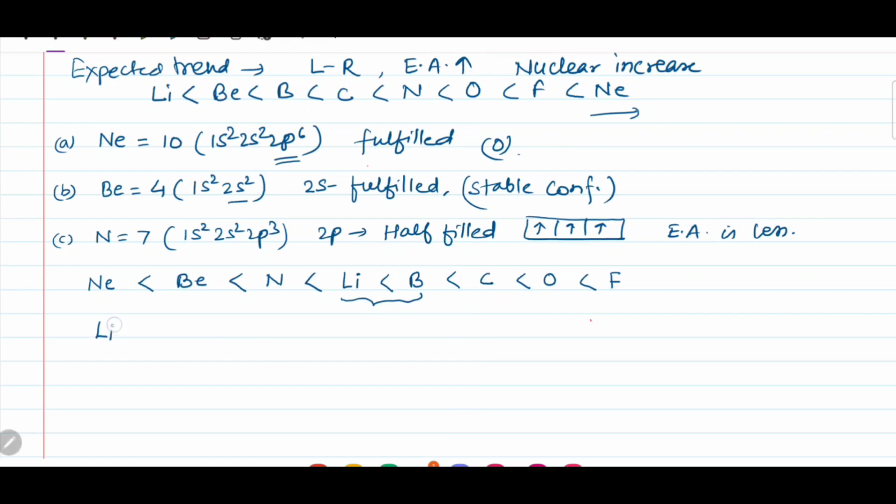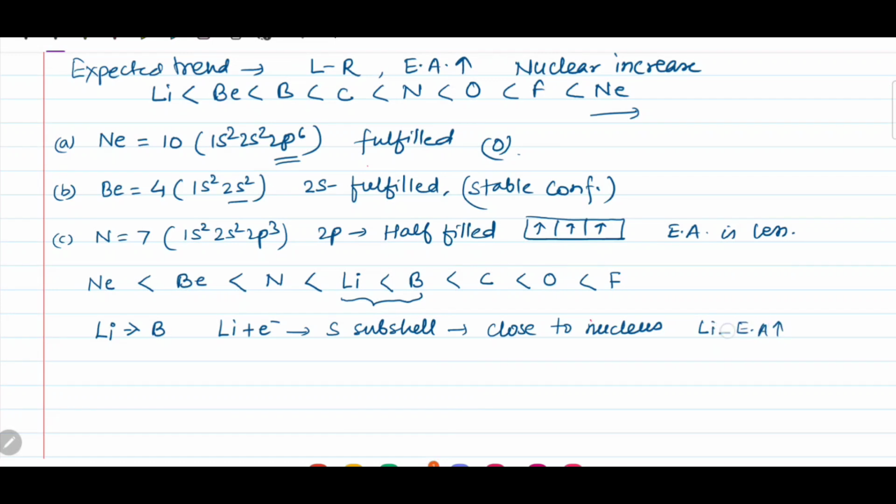The electron affinity of lithium is more than boron, because when an electron is added to lithium, it fills the s subshell, which is close to the nucleus, and it is very strongly attracted towards the nucleus. Due to this, it releases more energy to attain a stable configuration. That is why lithium has more electron affinity.